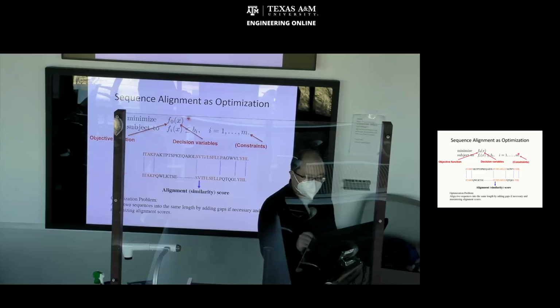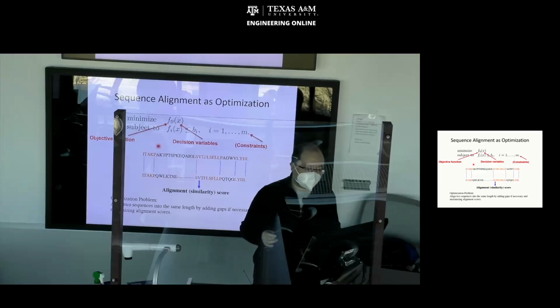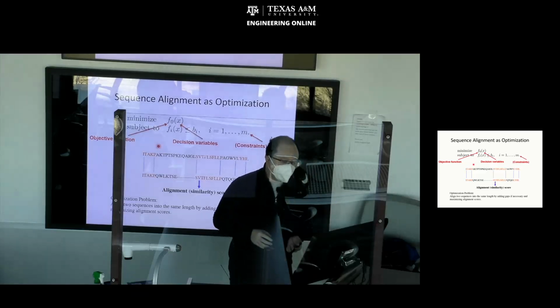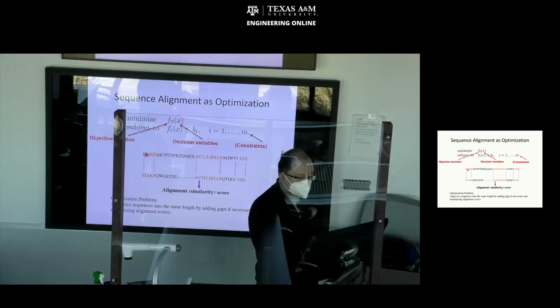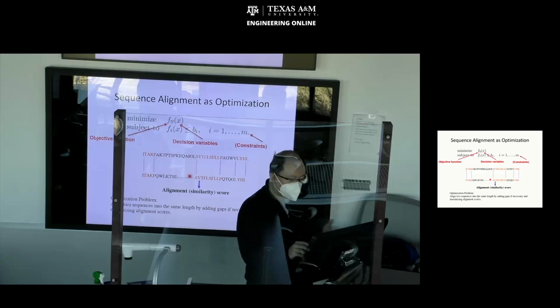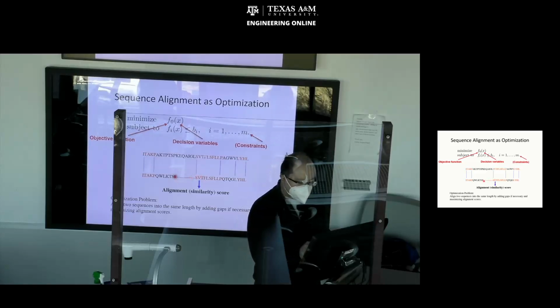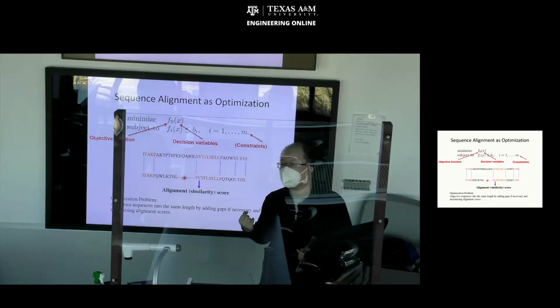Let's look at this one. I put what you have learned before here as a reminder of what an optimization problem is and what the elements are. So now, let's talk about this problem. You have two sequences, one is a template and one is a query. Sometimes you want to insert a dash or hyphen here, which indicates a gap.